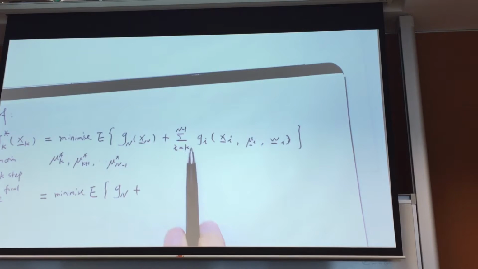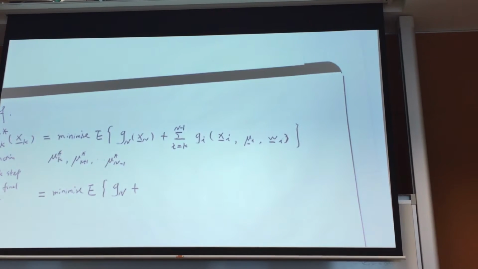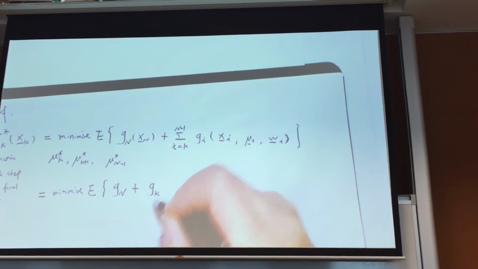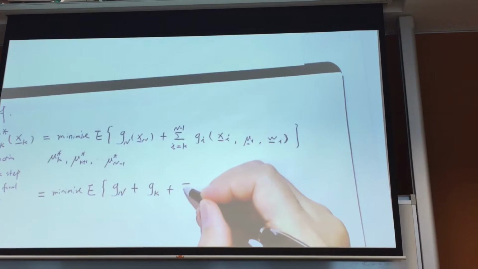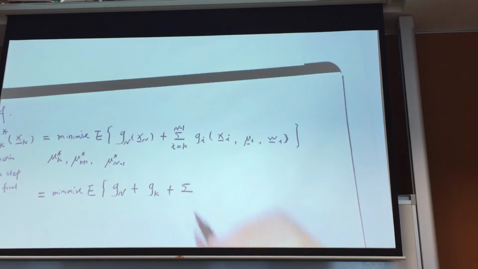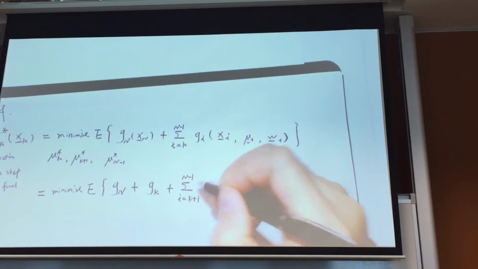So for i equal to k, we have this g_k plus the remaining part. The remaining part will be i from k plus 1 to N minus 1.